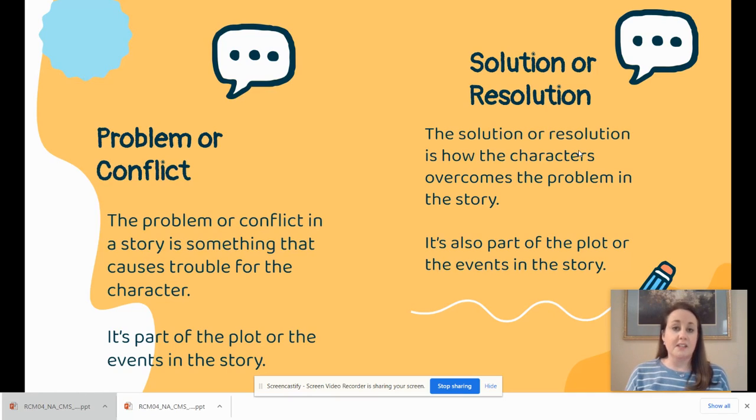That can affect also their character traits, depending on what's happening in the story. And the solution is how the character or characters overcome the problem in their story. It is also a part of the plot or the events. And then also that can help with when you're describing the character traits and what they're going through.